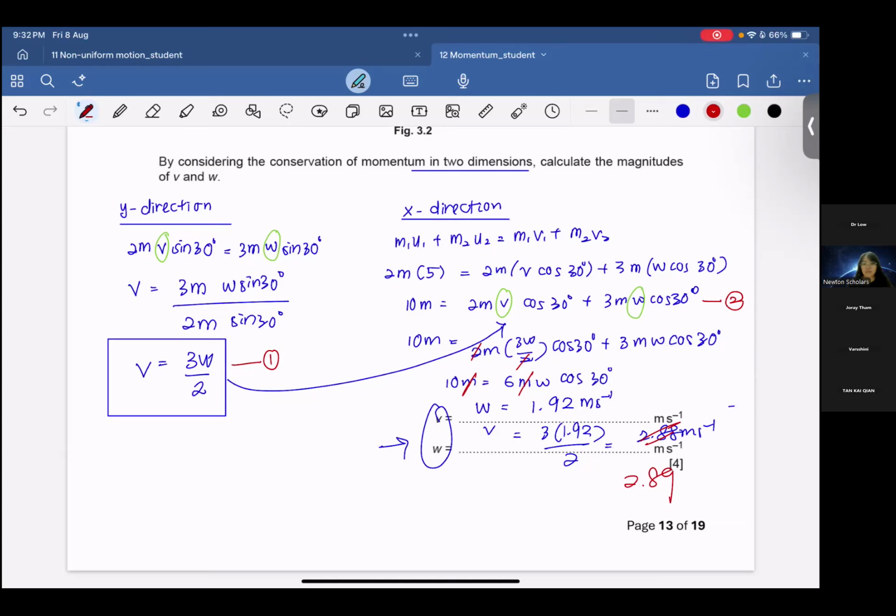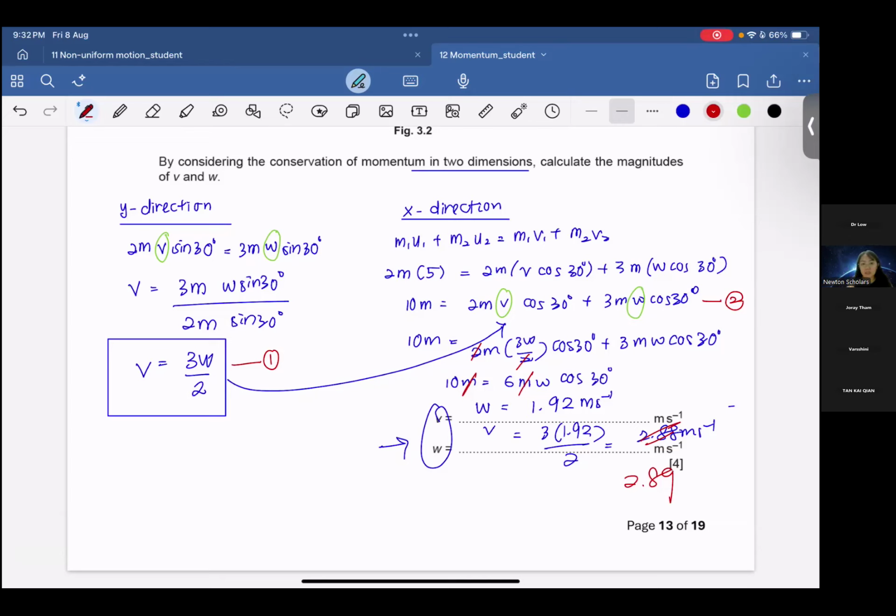Oh yeah, okay, so no problem. It depends on what value you use for the working step. You show that you're using 1.92, then you get 2.88, no problems.